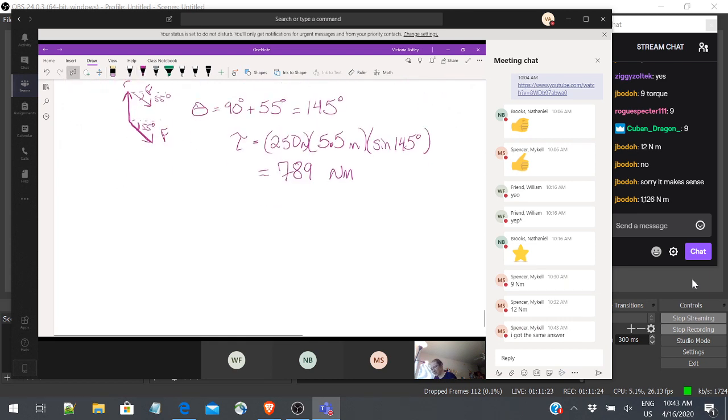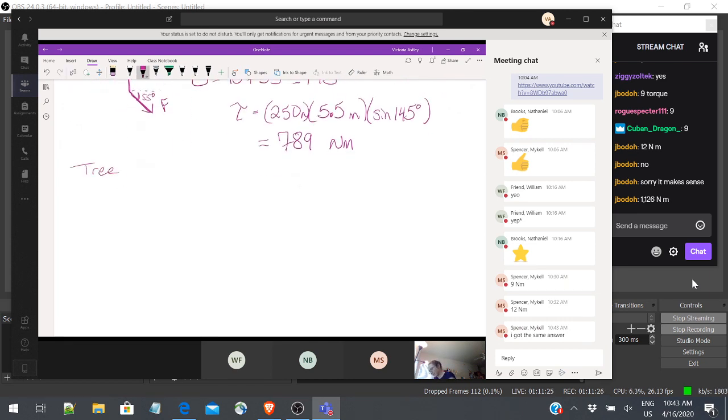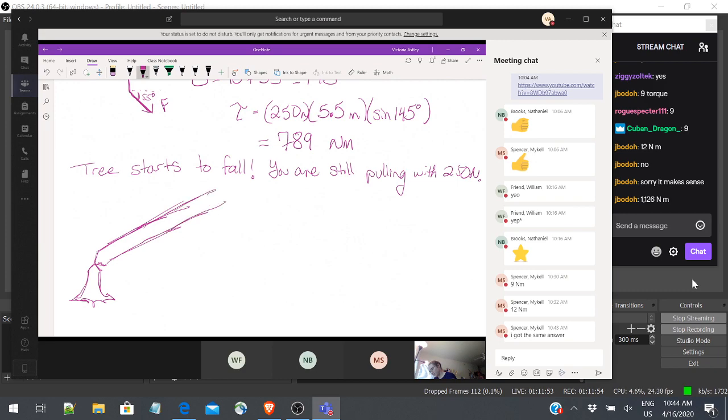Okay. So, tree starts to fall. You are still pulling with 250 newtons. But now we're going to draw a little bit different. You are still pulling 5.5 meters.